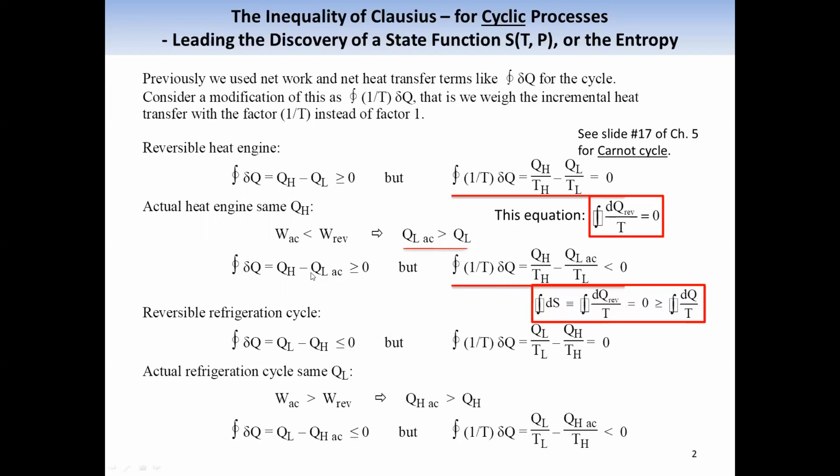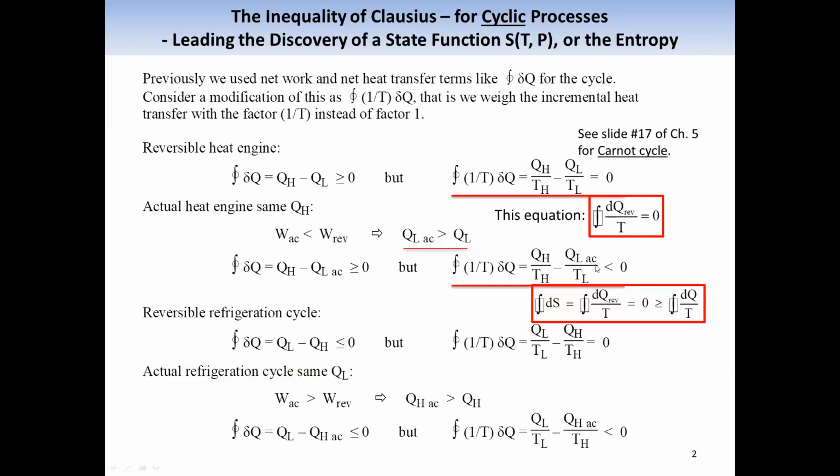Therefore, we can apply this relation later on to this integral of dQ over T, which results in this equation, which is not going to be 0 like this. It's going to be smaller than 0, mainly because Q sub L for the actual process is going to be greater than Q sub L in the ideal situation.